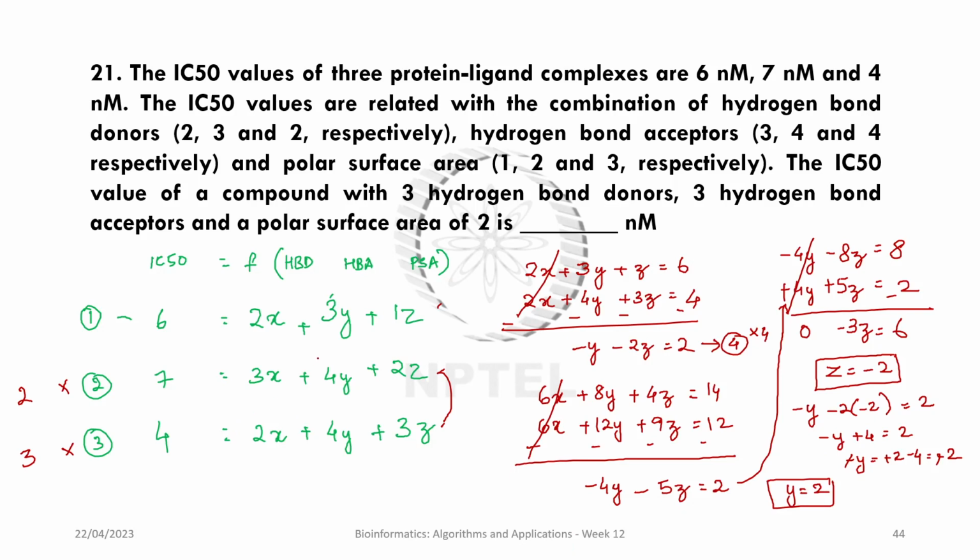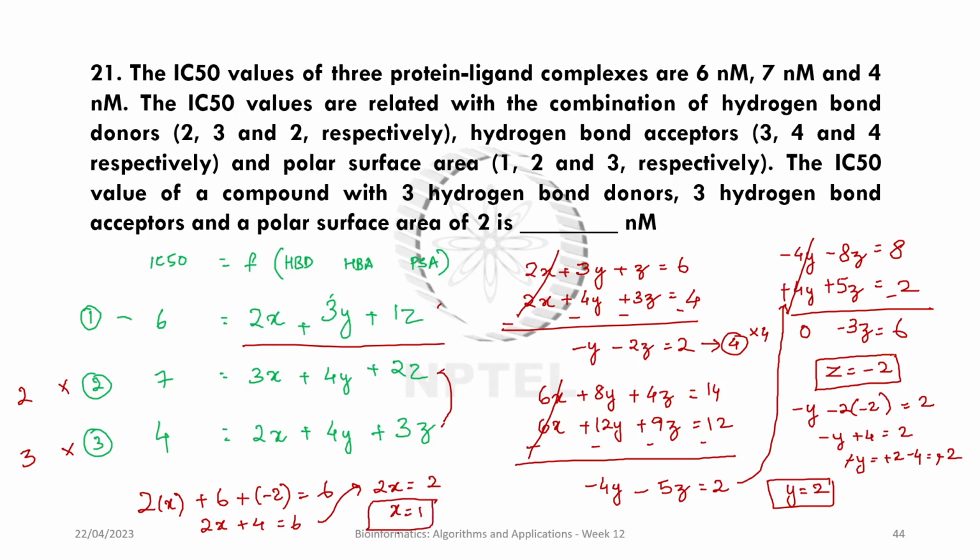If you put this into any one of these equations, let's put this into 1, 2 into x plus 3y, 3 2s are 6 plus z will be 1 into minus 2 is equal to 6. So 2x, 6 minus 2 will be 4 is equal to 6, or 2x is equal to 6 minus 4 will be 2, x is equal to 1. I hope this was the answer we got last time as well. So you know x is equal to 1, y is equal to 2, z is equal to minus 2.